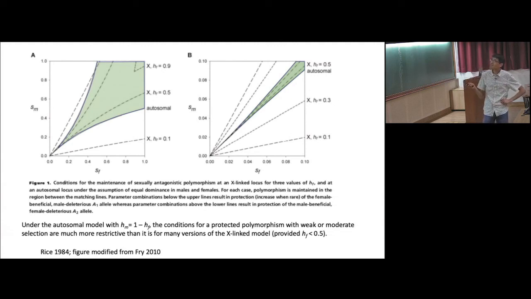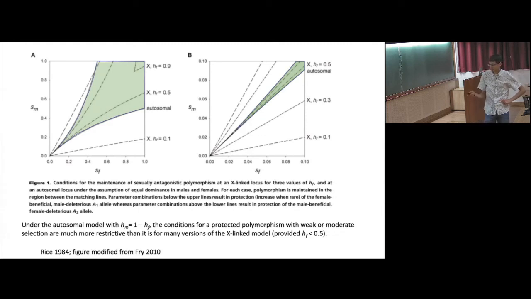So how is it that we can be maintaining, if we are, and it looks like from those studies that we are maintaining sexually antagonistic variation, how can we do that on the autosomes? You have to fall in that teeny tiny little space.